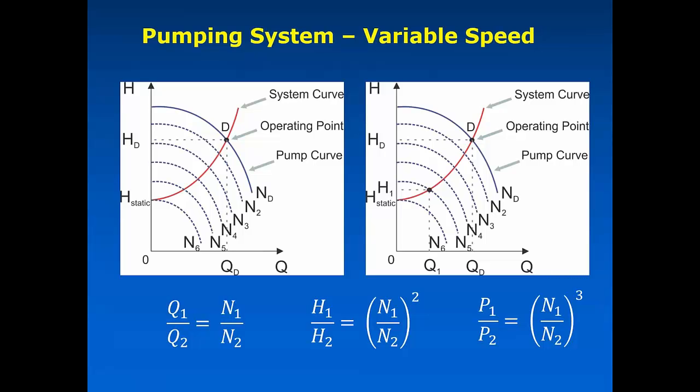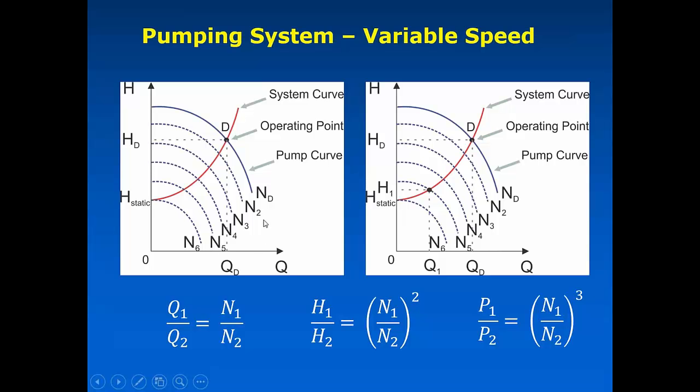Now, let's contrast that to doing it for a variable speed system. And you can see right away here that we have a pump curve defined right here, just like we did before. But in fact, a variable speed pump has a number of different pump curves.